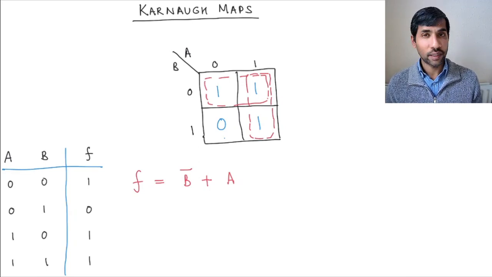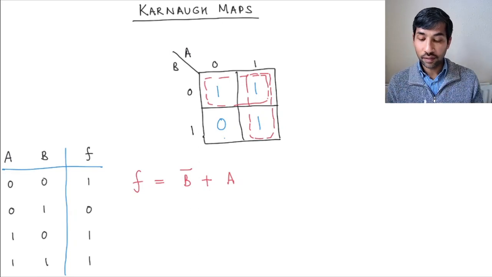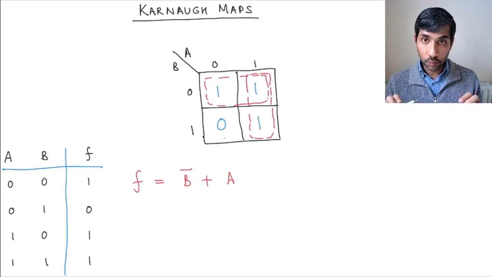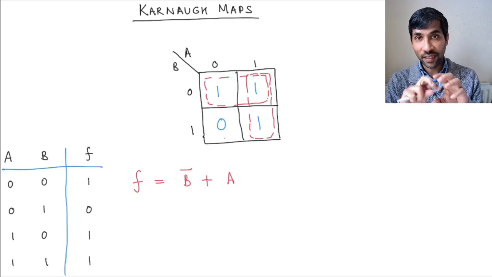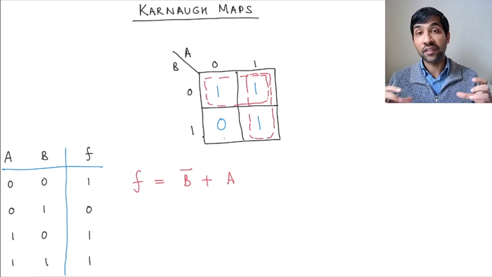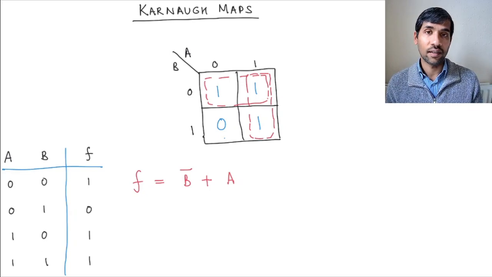Hope that makes sense. So what you're doing is combining the outputs where you have an output of 1 into groups, and writing minterms for each group together, covering all the ones in the K-map.